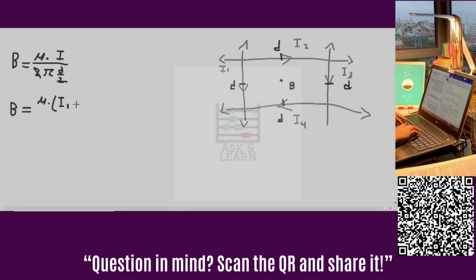We'll have current 1. Now this will be plus or minus, but we'll have to determine what that is based on the direction. That's why I'm not writing it in right now. I'll save spaces for us to figure out which way it's going. I3 and I4. This is all multiplied by mu naught in the numerator, and then we have pi times d in the denominator, which is the distance.